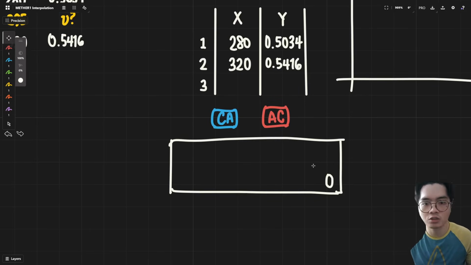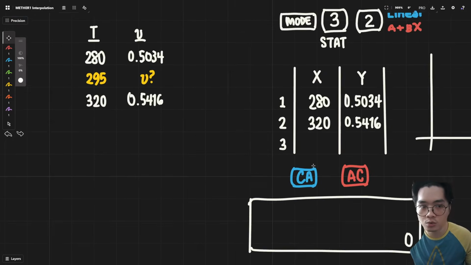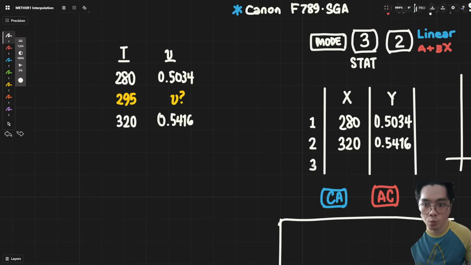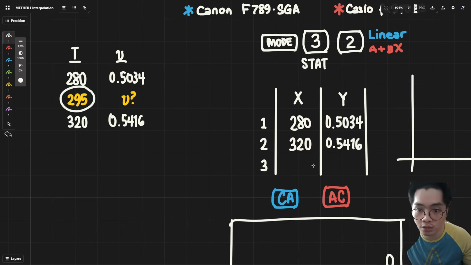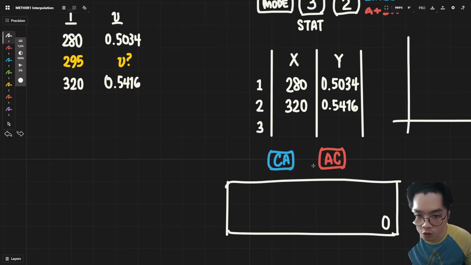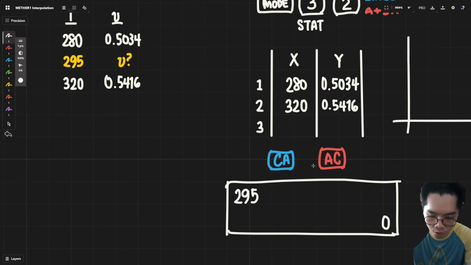And so now what you will do is you will ask it the question, what value of Y, because that is the second column, corresponds to an X value of 295? So you want to type in 295.